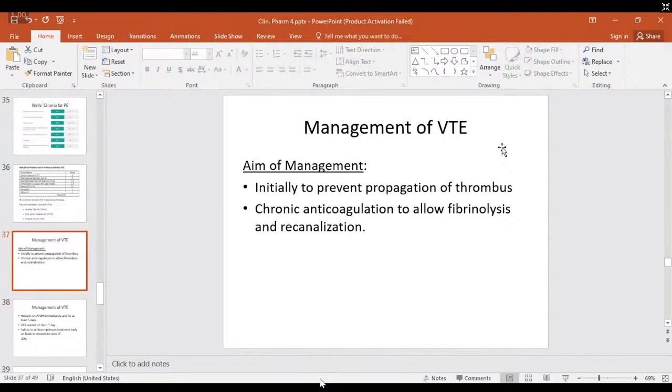And also, in the long term, we would like to use anticoagulation to allow for the thrombus to resolve, and also for the deep veins or for the pulmonary arteries if the patient has also pulmonary embolism, to have recanalization.